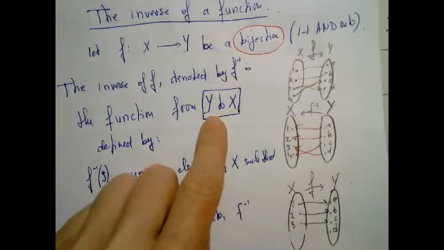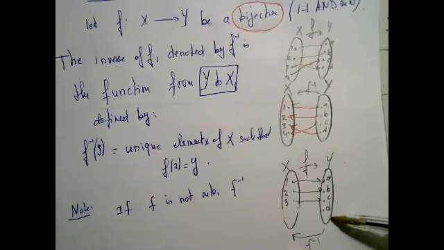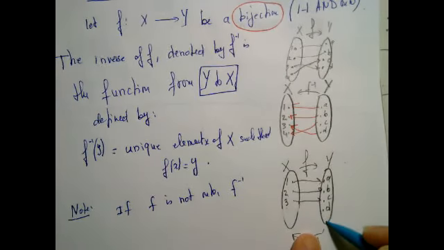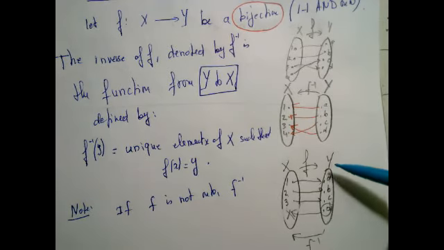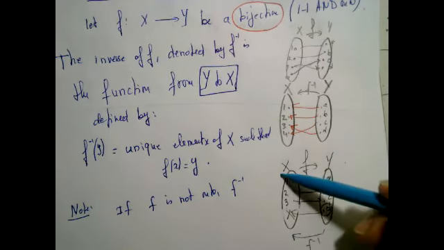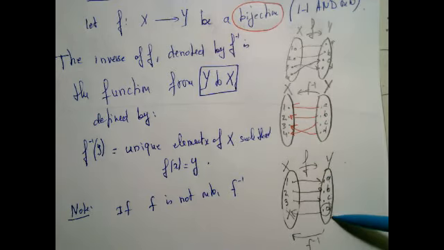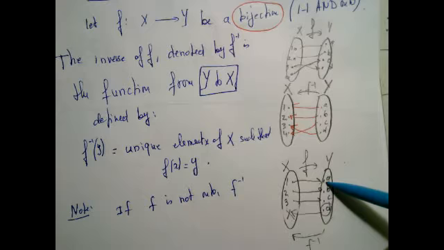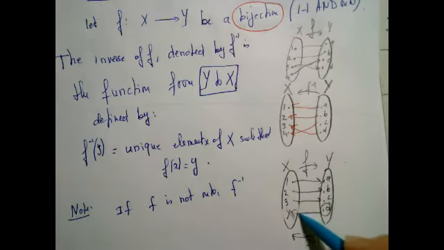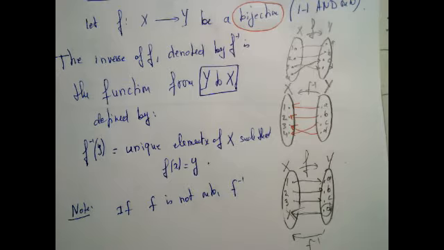So the domain of F inverse is going to be the codomain of F. But here, if this is the domain of F inverse, D is not sent to anything. So F inverse cannot be a function, because by definition, F inverse is a function from Y to X if to each element of Y, we can associate an element in X. If the original function is not onto, I cannot send anything to D. It means F inverse is not defined.